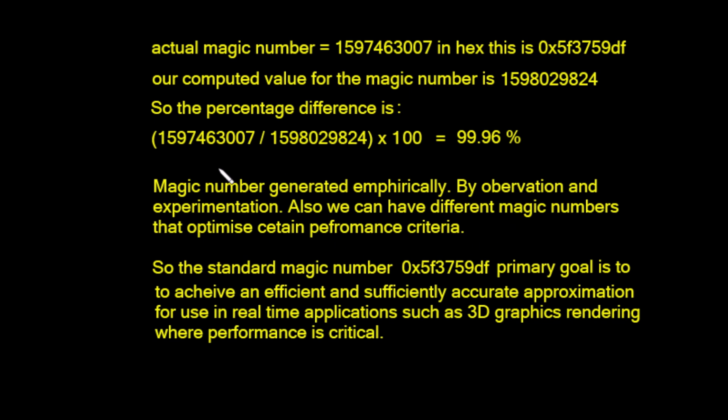You can always have a hunt online and you can look under magic number. So it means that the standard magic number is this number here. And the primary goal of using this particular number and the fast inverse square root algorithm is to achieve an efficient and sufficiently accurate approximation for use in real-time applications such as 3D graphics rendering, where the performance is critical.